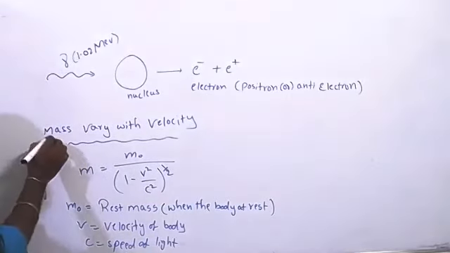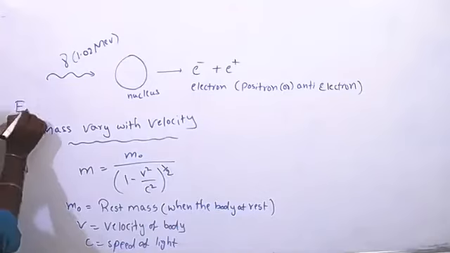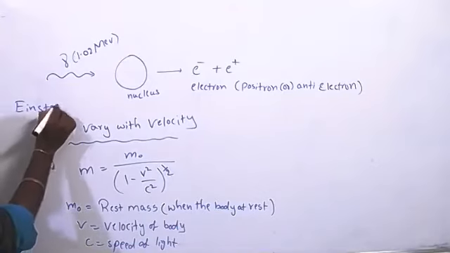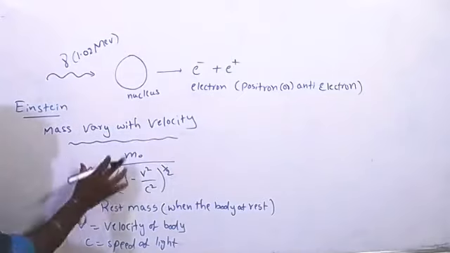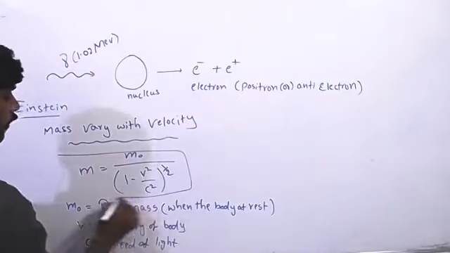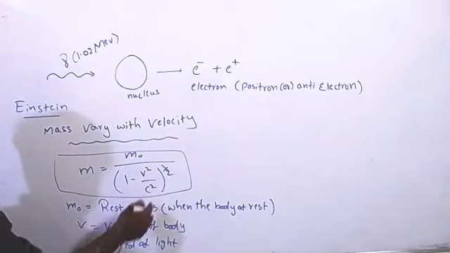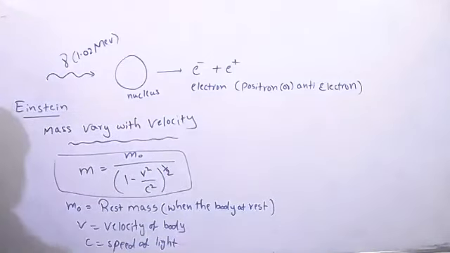So according to Einstein, mass varies with velocity, and you have to remember this formula. Actually, it is root over 1 minus v square by c square, but in the place of root we wrote 1 by 2. That's all. Like that it will vary. That formula you have to remember for the problems.